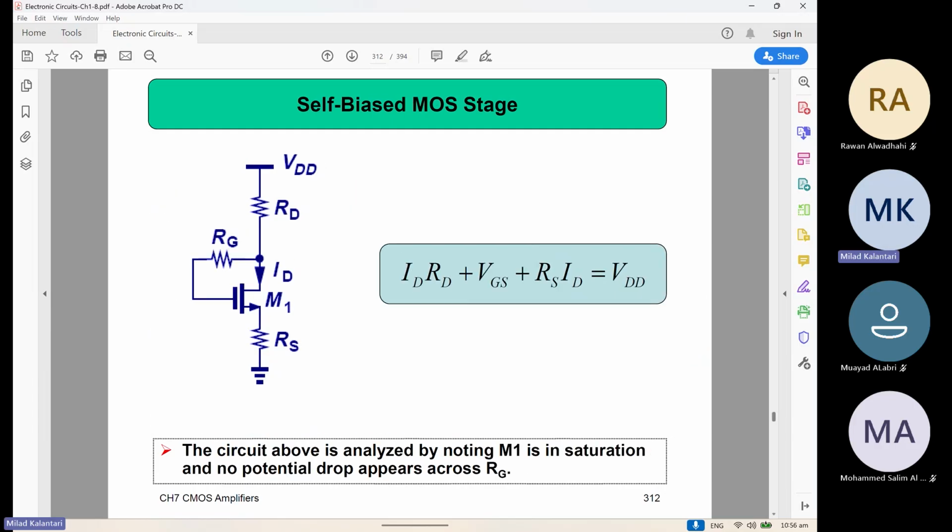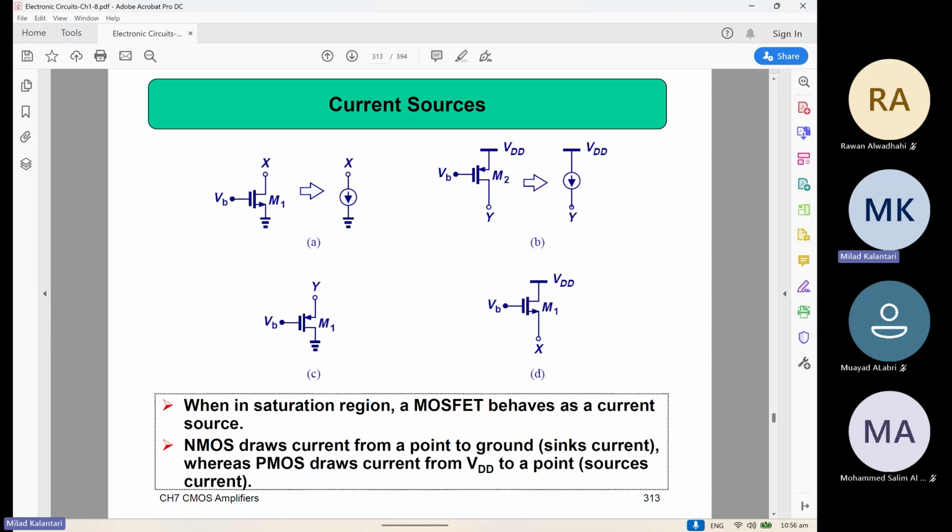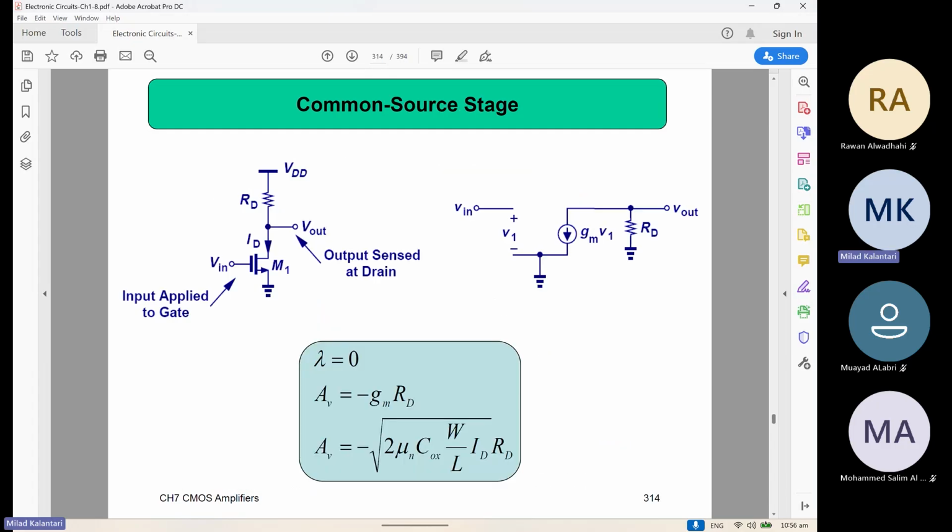Here we are just showing different schemes for the bias. I'm not going to describe it that much, just review it, because it's pretty similar to what we had for the BJT. For example, here it's showing a common source, which is very similar to the common emitter.